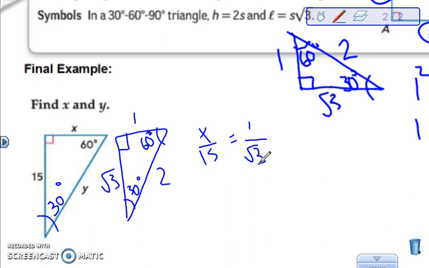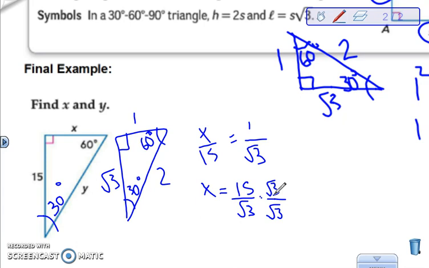So when I cross multiply, x equals 15 divided by the square root of 3. And when we get this, we can either leave it like that or we want to simplify it. So if I put another root 3 on the bottom, think of this almost like finding a least common denominator.